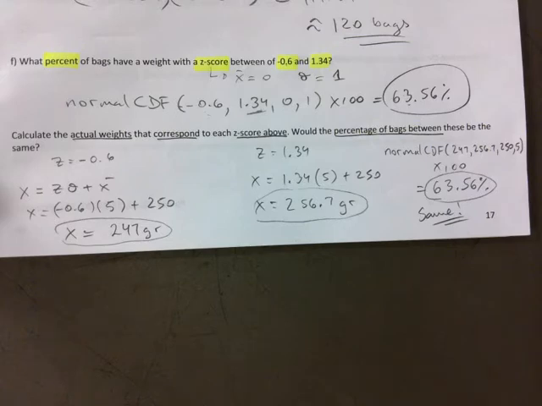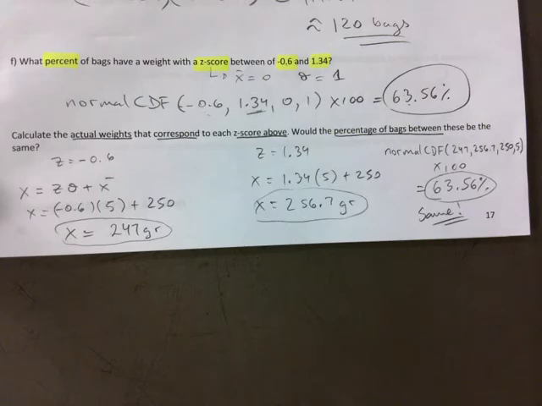Because if you use 250 and 5, you would try to find the weight of a bag of negative 0.6 grams and 1.34 grams, which can't be, right? So in this case, as soon as you get z-scores, just use 0 and 1. But when you're going from z-score to whatever, this could be dollars, centimeters, inches, then you use the average, let's say $30,000 and standard deviation of 15,000, in this calculation.